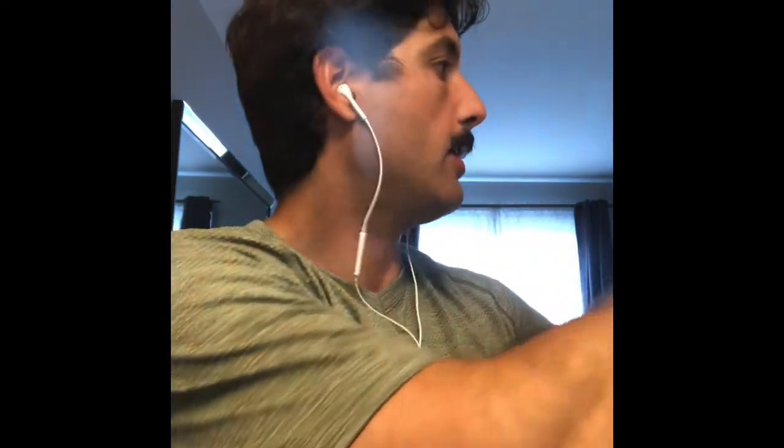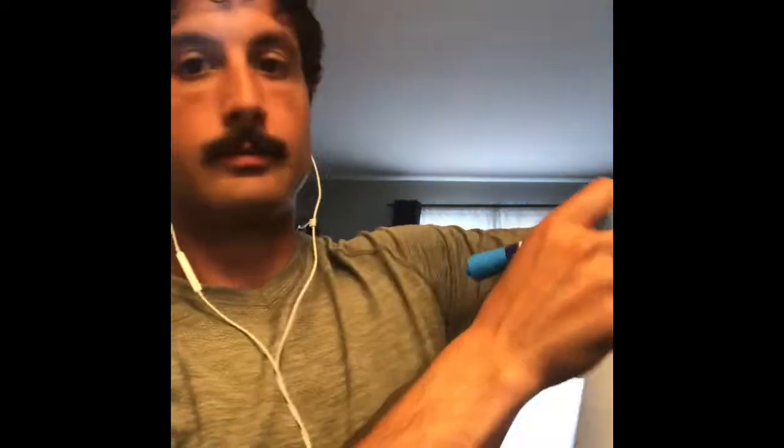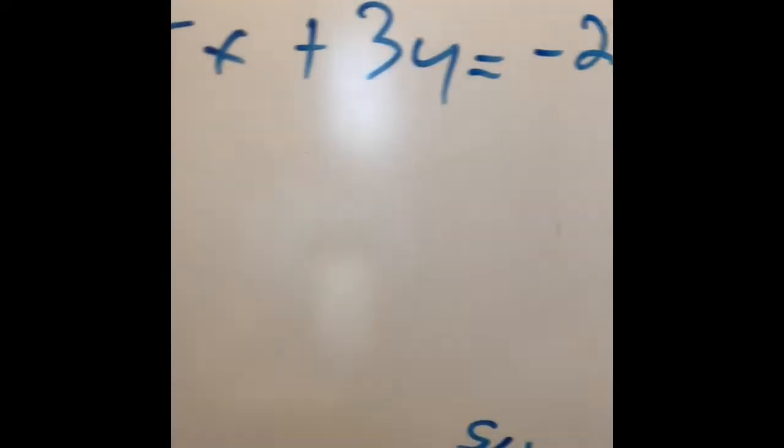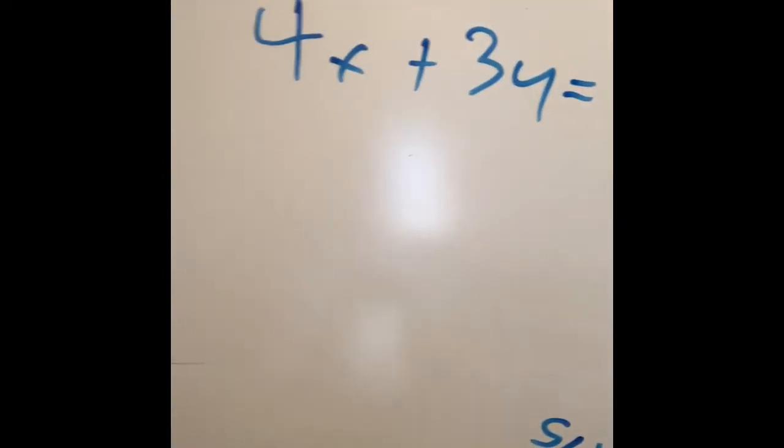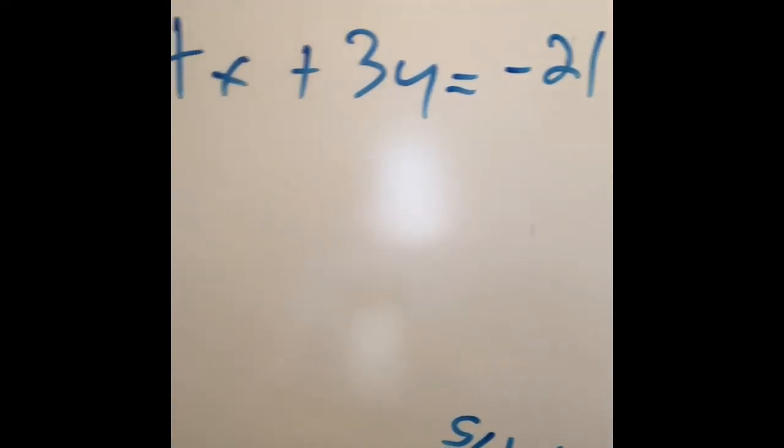And it has the same y-intercept as, and now we have a new equation to manipulate, 4x plus 3y equals negative 21.